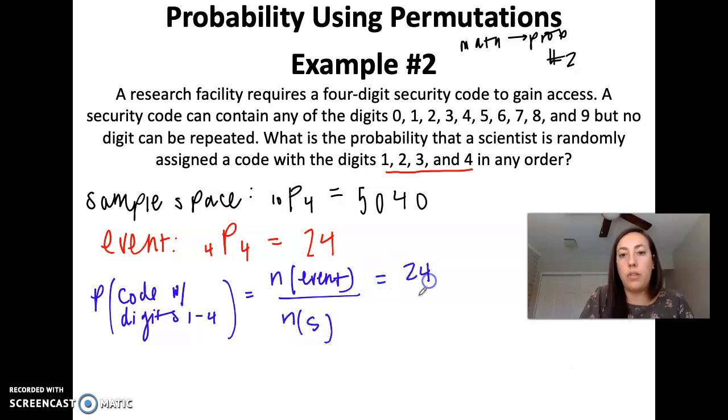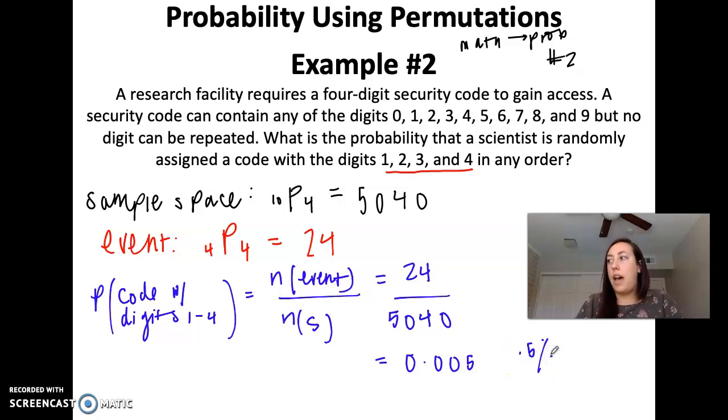So we have 24 outcomes in our event, and we have 5,040 outcomes in our sample space. And when we simplify that, we get 0.005. So there's a 0.5% chance that we get a code with digits 1 through 4 in any order.